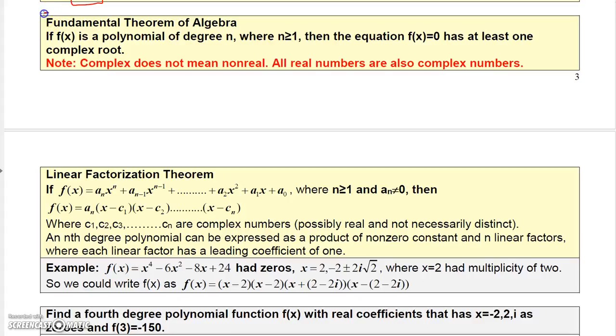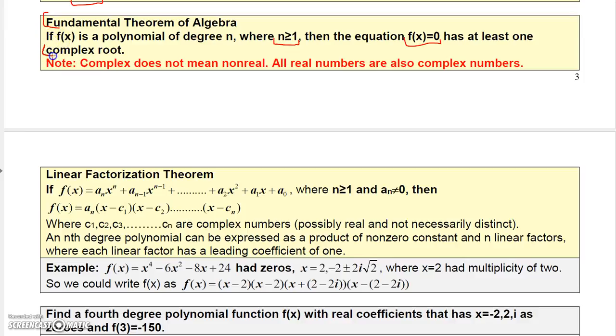Okay, we're going to finish this up with the fundamental theorem of algebra. Basically, this says if a function is a polynomial of degree n, where n is greater than or equal to 1, then the equation f of x equals 0 has at least one complex root.